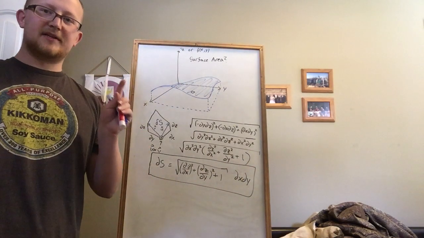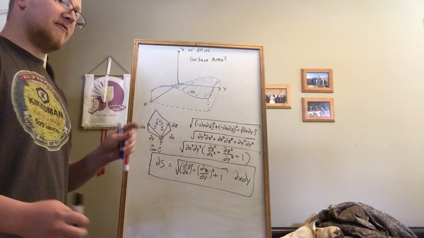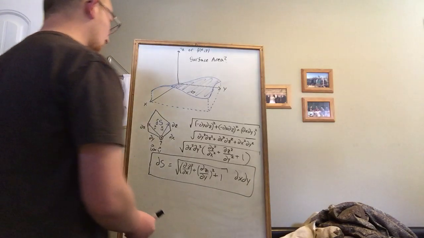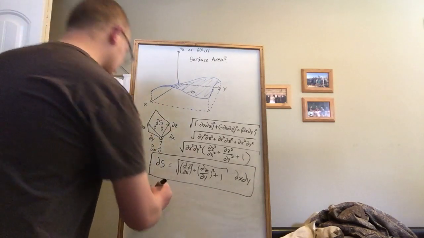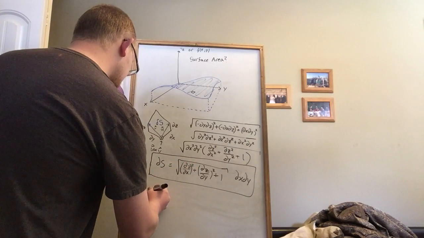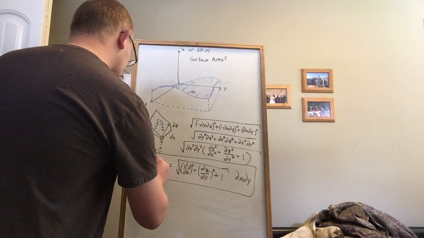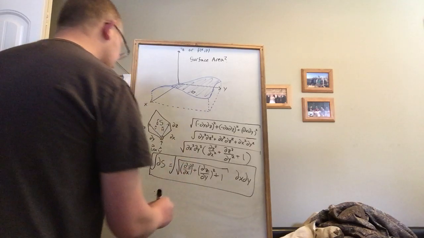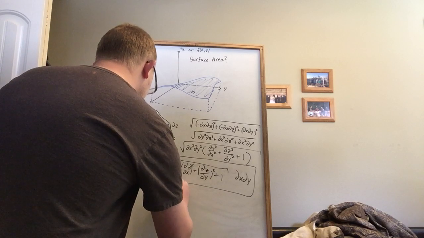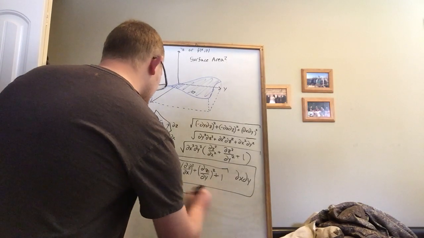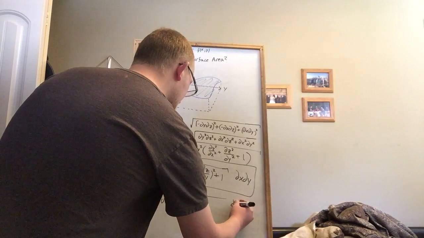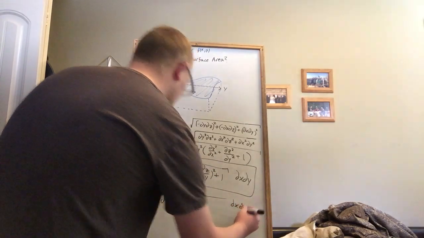And it turns out that to find the surface area in Cartesian coordinates for a surface like this, what we will do is find the total surface area, because dS equals this. If we take the integral of both sides, what you'll find is that S equals the double integral of this thing right here with respect to dx and dy.